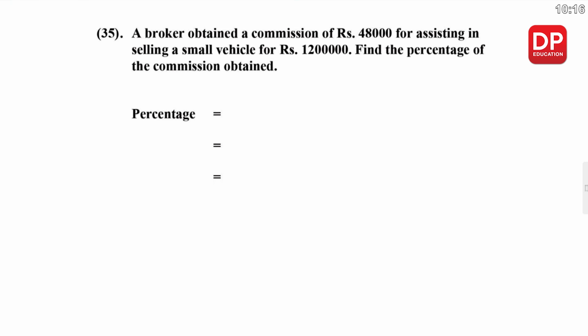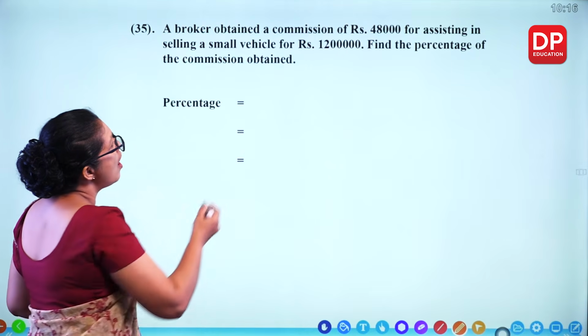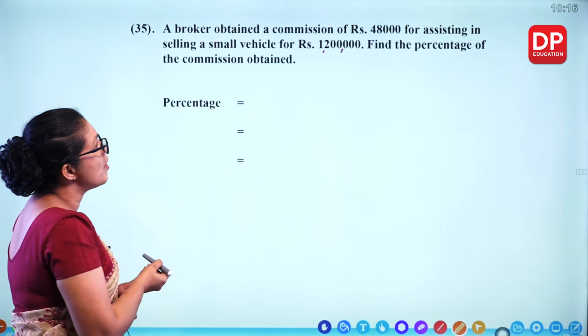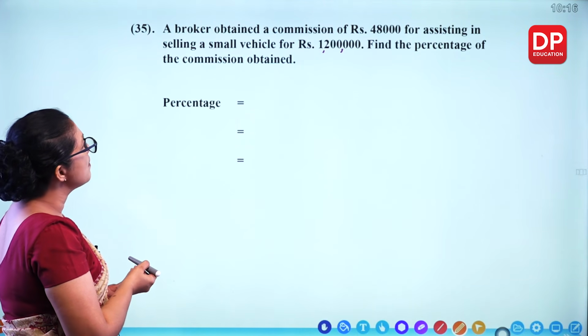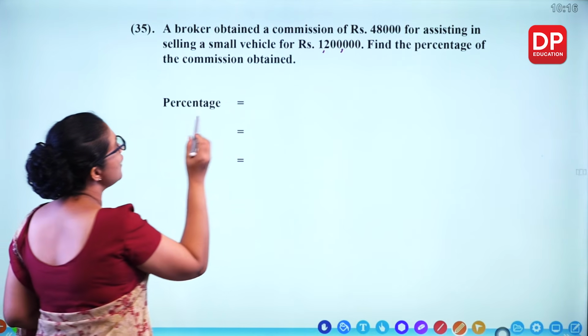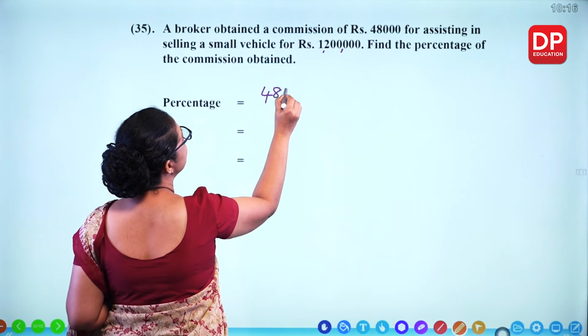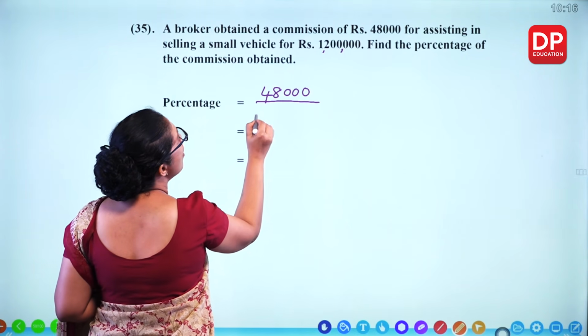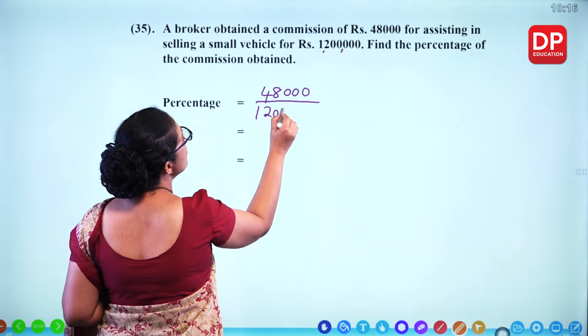Another question related to commission. A broker obtained a commission of 48,000 for assisting in selling a small vehicle for 1,200,000 rupees. Find the percentage of the commission obtained. So what's the commission value? 48,000 taken for 1,200,000.